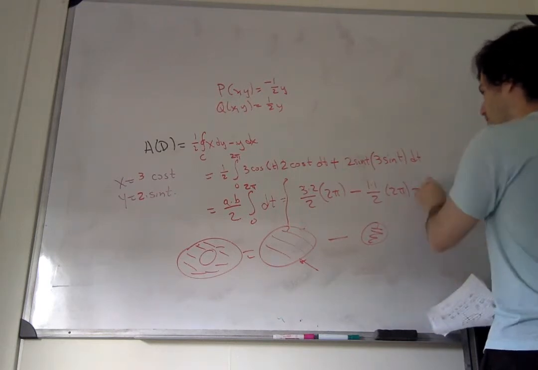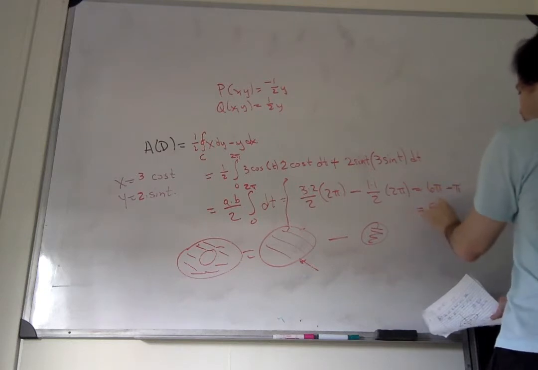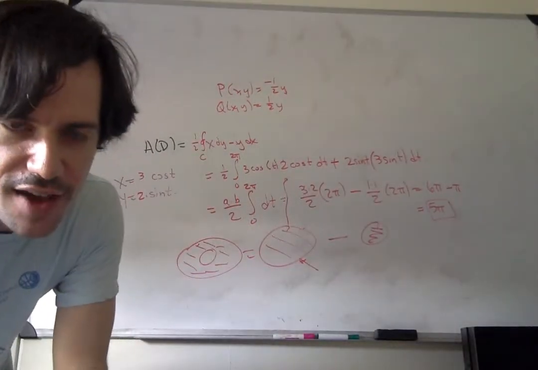This is going to give us 6 pi minus pi, so that's 5 pi. Okay? So your final answer should be 5 pi.